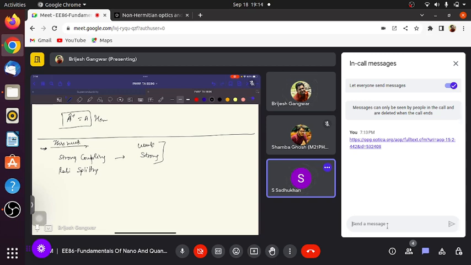So Rabi frequency or Rabi splitting? I don't think there was any term used as Rabi splitting. Because mostly when we talk about strong coupling, then we talk about Rabi splitting.